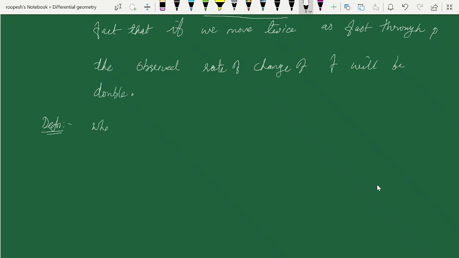When the norm of v is equal to 1, what will happen?